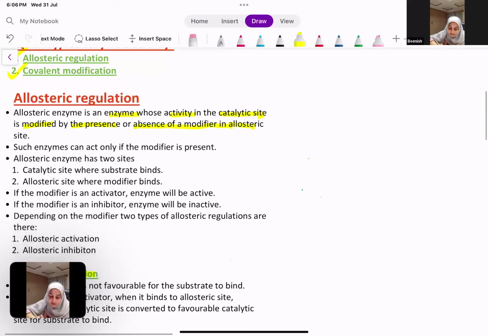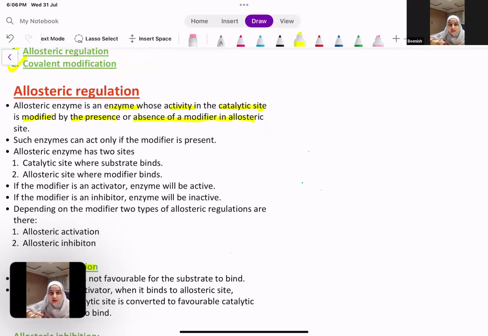If the modifier is an activator, the activity is enhanced. If the modifier is an inhibitor, the enzyme is inhibited. Such enzymes can act only if the modifier is present. The catalytic site is where the substrate binds, and the allosteric site is where the modifier binds. Depending upon the modifier, the two types of allosteric regulation are allosteric activation and allosteric inhibition.